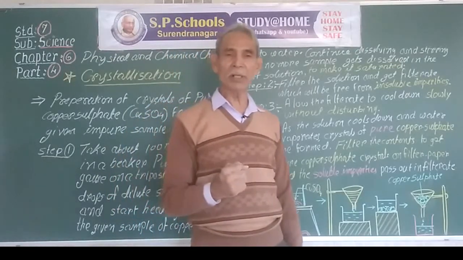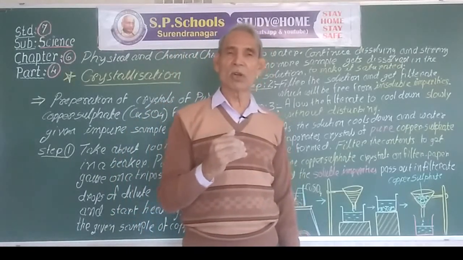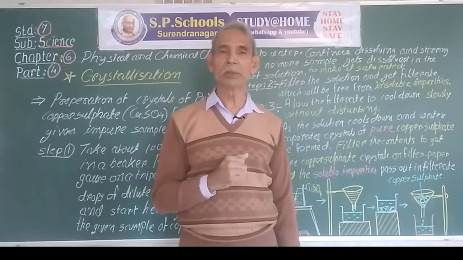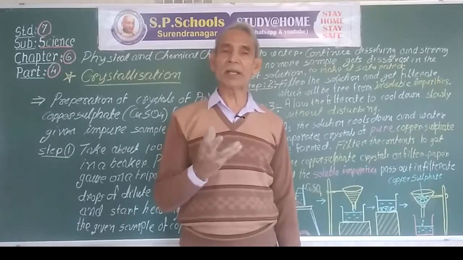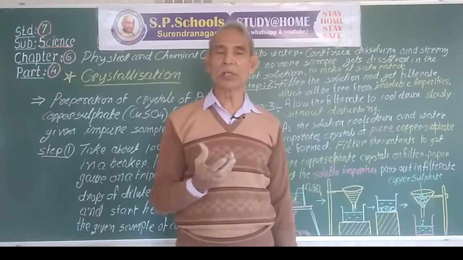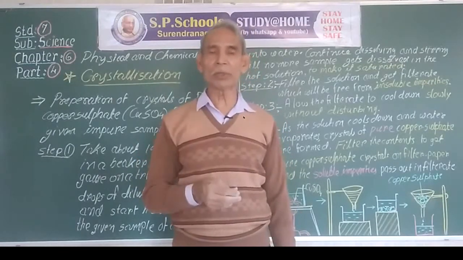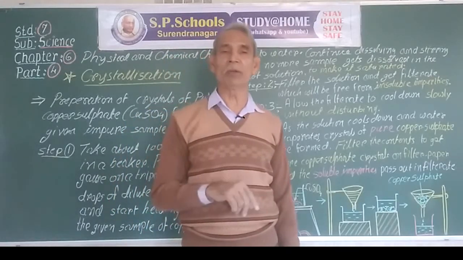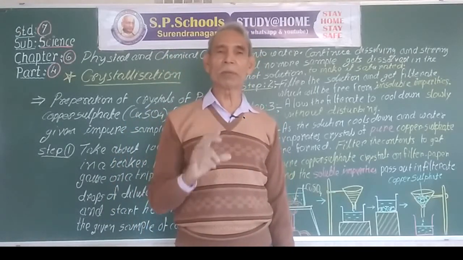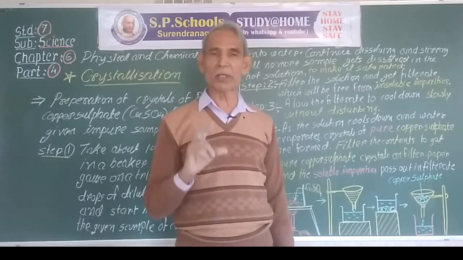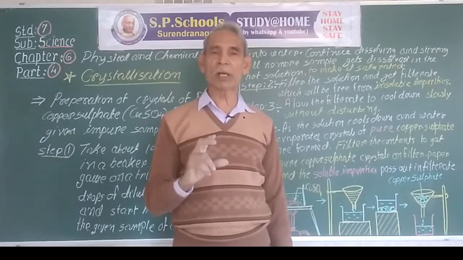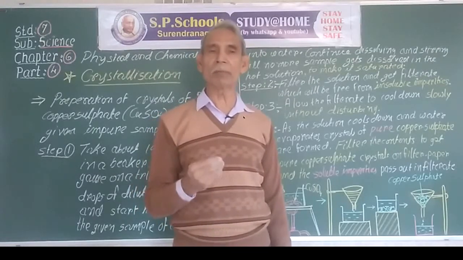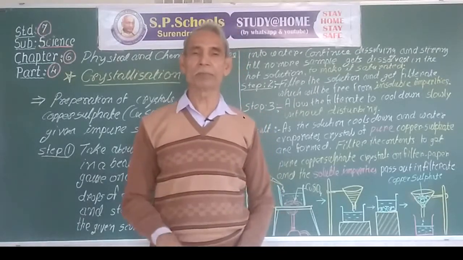A solution at some stage of highest amount of dissolving solute, we get a solution in which if we add more of solute, that is copper sulfate here, it does not dissolve. So our purpose is to get a saturated solution of copper sulfate in hot condition, so that more amount of copper sulfate can be dissolved in it.